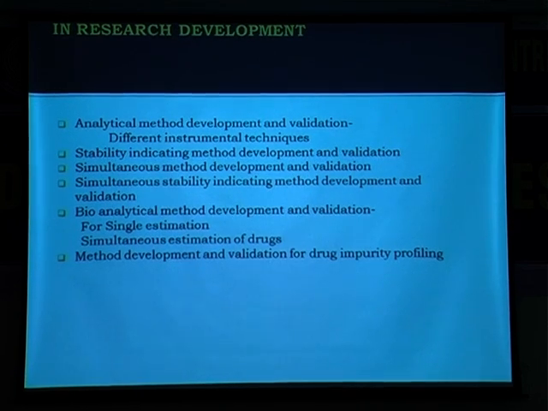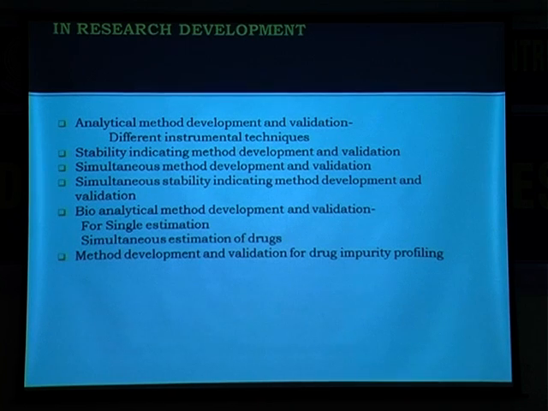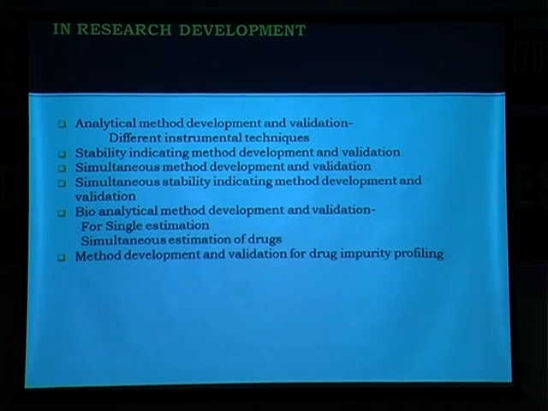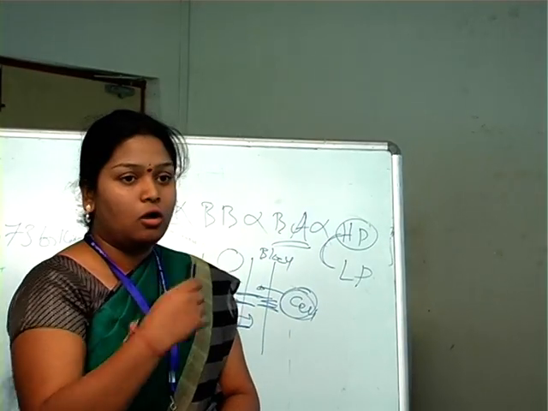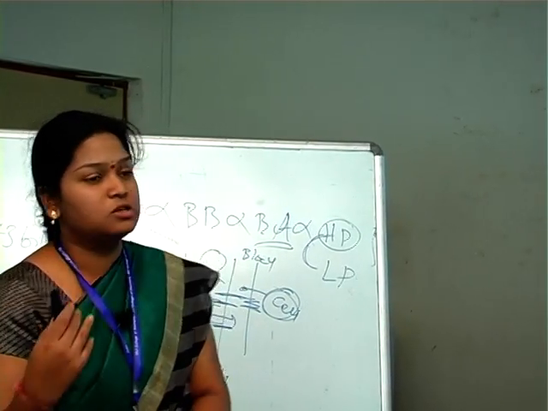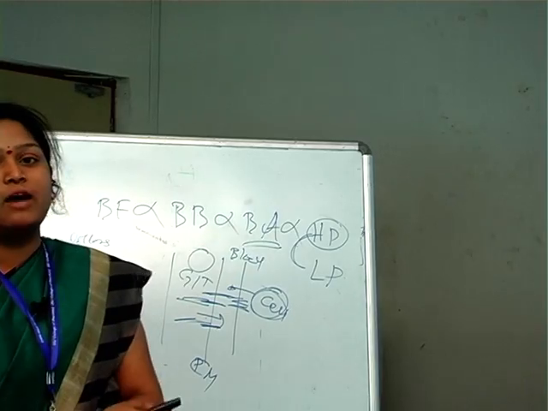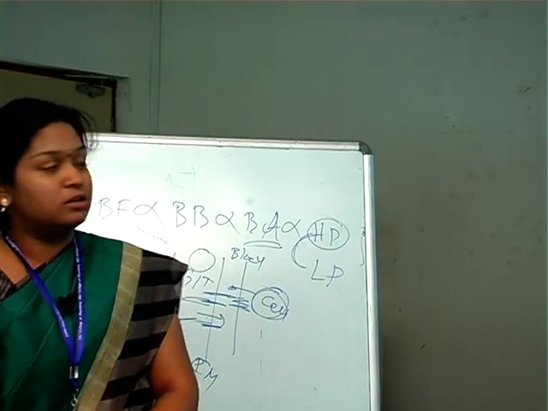Validation is nothing but keeping documented evidence proving the developed method is precise, accurate, robust, and rugged. We are giving evidence that our developed method is precise, accurate and robust. So we have to do a validation for every method that is developed.